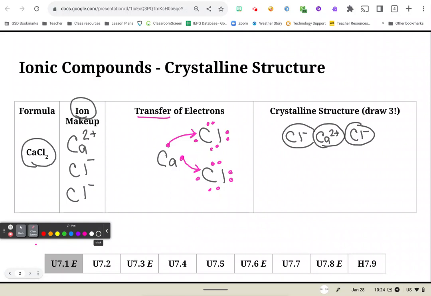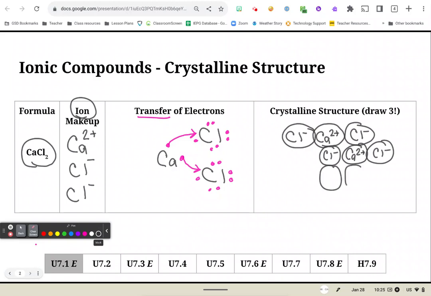So what happens is it goes on the other side. All right, then that's drawing one of them. Now I need to draw a second one. I can't just do what I did in the previous example and draw it directly under it because the ratio is different. So I just tend to move mine off to the right side. I have the calcium ion in the center, chloride ions on either side.